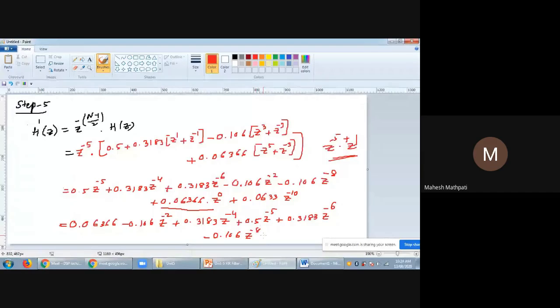And lastly, I will write it as 0.0633 z power minus 10. Understood?